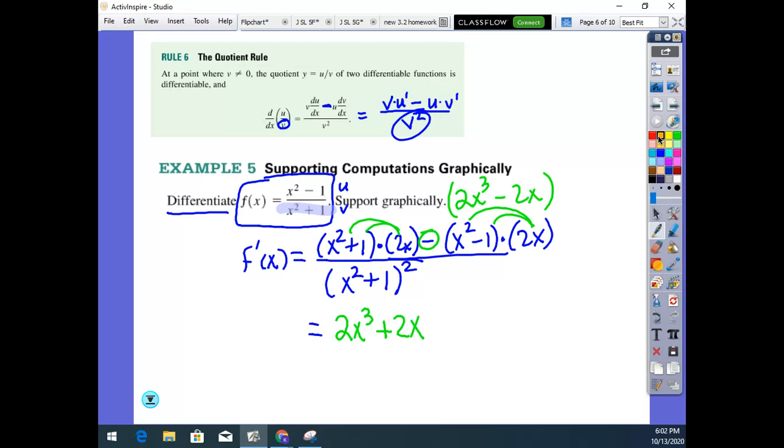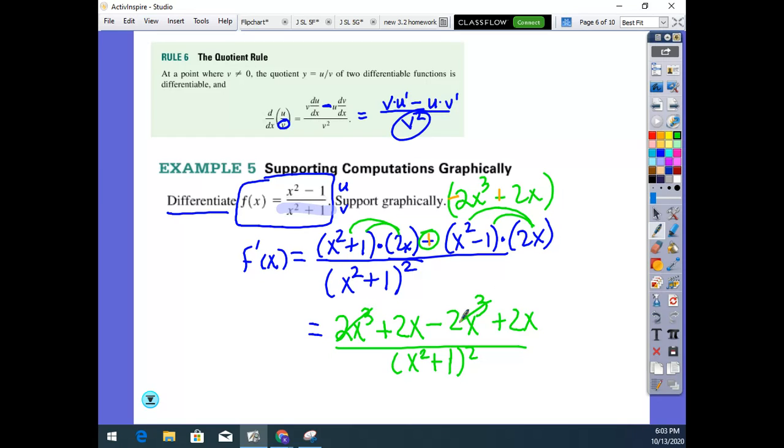Now I need to distribute the negative all the way through. So then we have minus 2x to the third plus 2x all over my denominator. Now I can combine like terms.